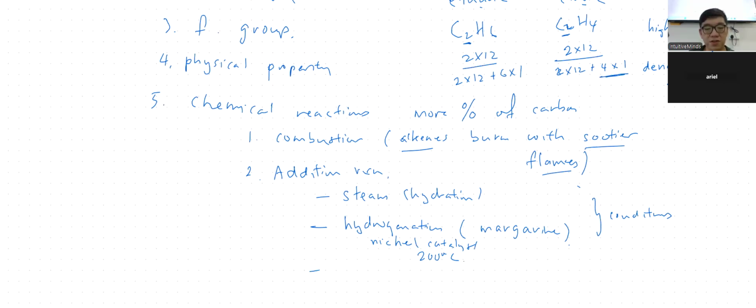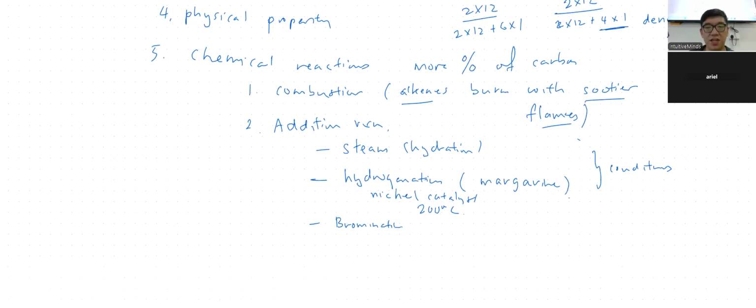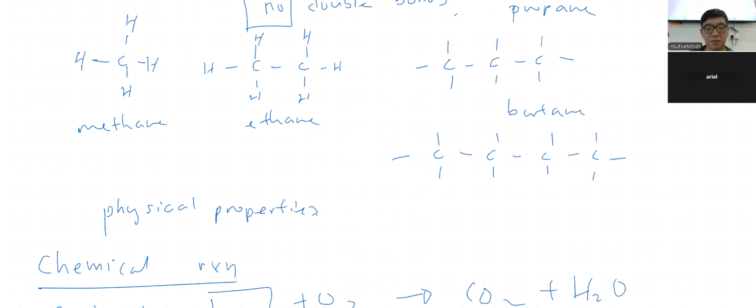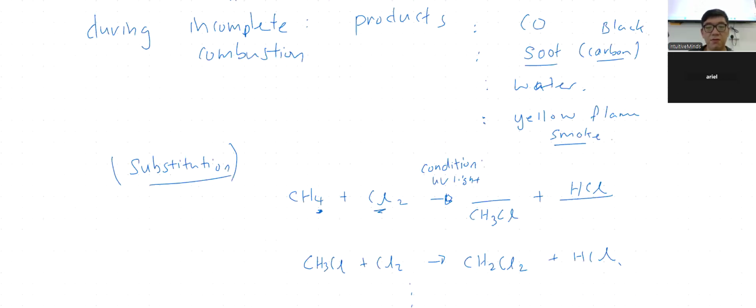And then there's bromination. So bromination, bromine gas is a halogen. Remember just now we did something with the chlorine. You can also do the same thing with bromine because it's the same group.